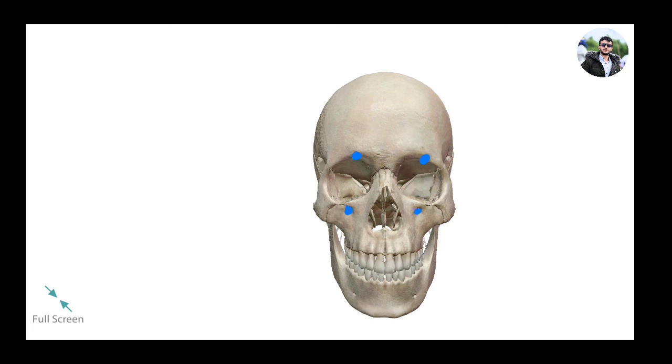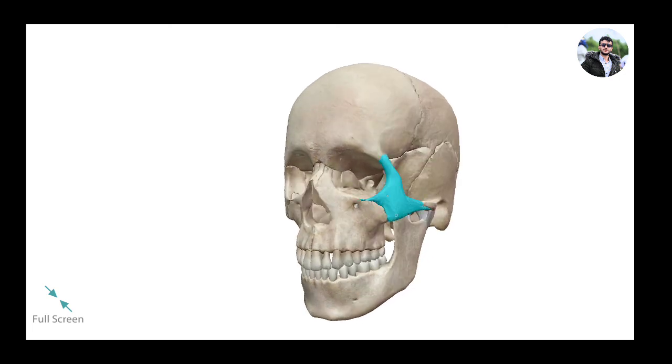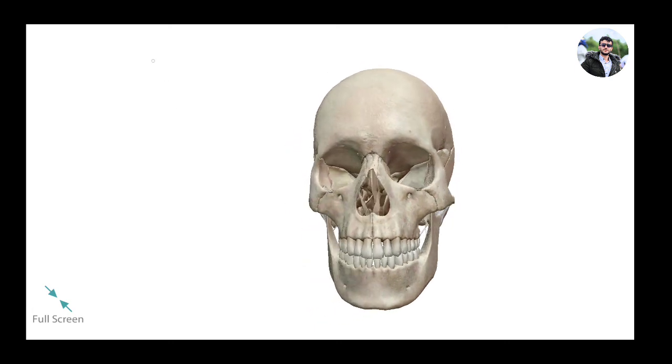In the zygomatic bone, if you focus here, there is the zygomaticofacial foramen, through which pass the zygomaticofacial nerve and vessels. In the mandible there are two foramina called the mental foramina, this and this. Through these two mental foramina pass the mental nerves and vessels.